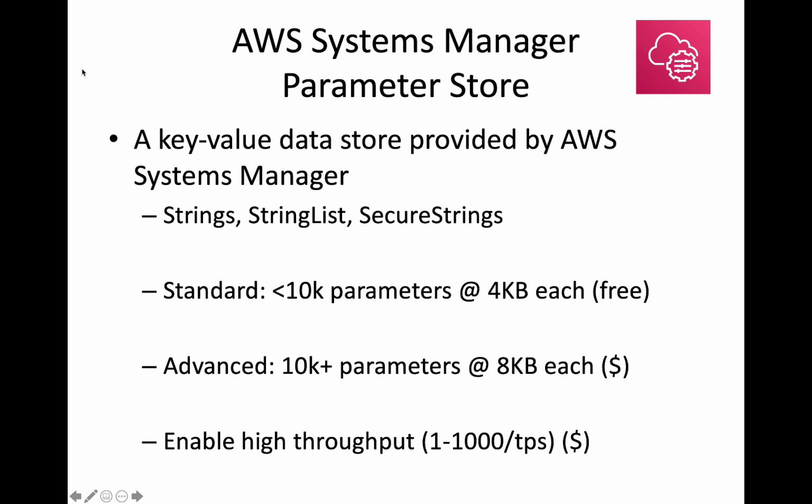Parameter Store basically is a key value data store that is provided as a feature by the AWS Systems Manager service. The Parameter Store service allows you to store strings, lists of strings, and secure strings, so essentially encrypted strings.